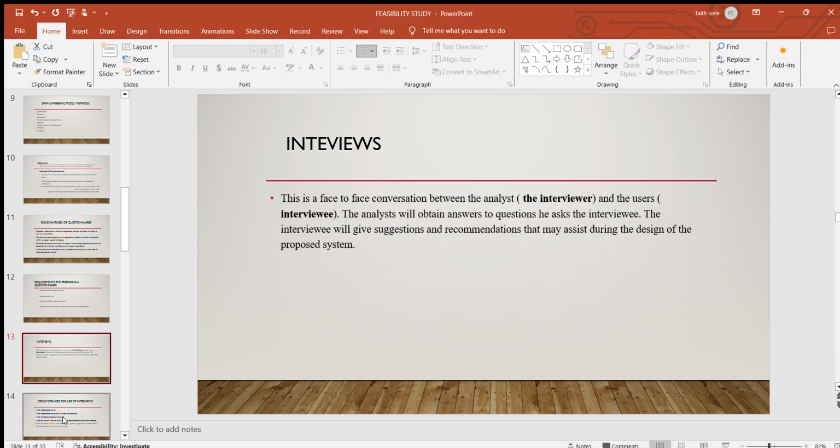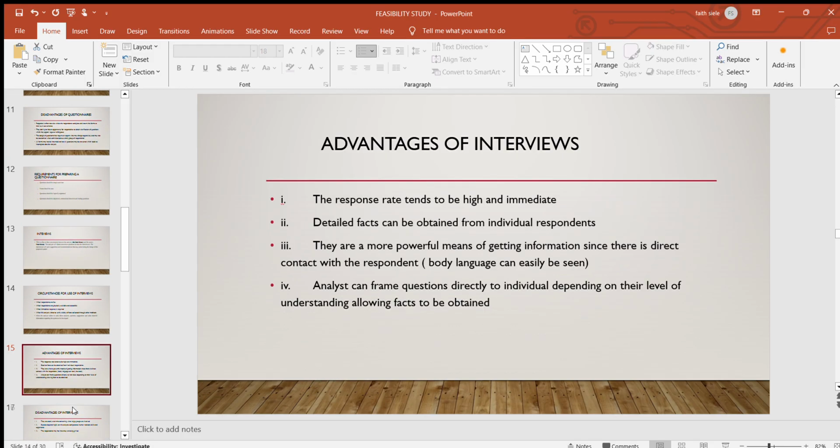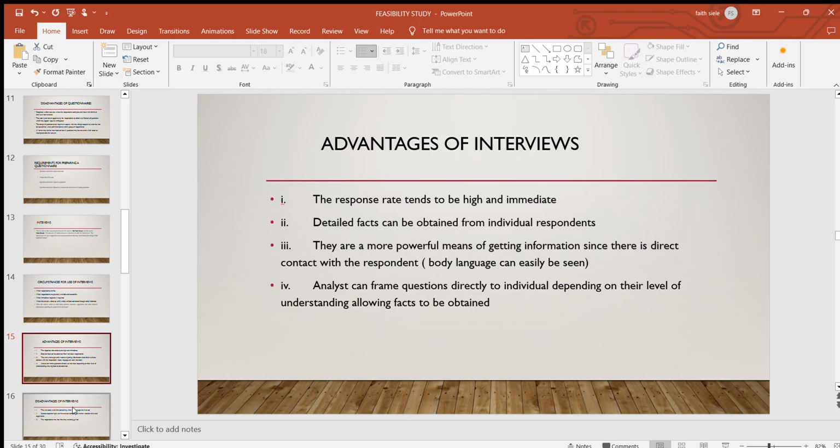We also have advantages of using interviews. Let us look at the advantages of using interviews. Number one, the response rate tends to be high and immediate.